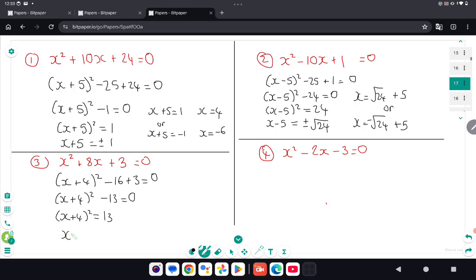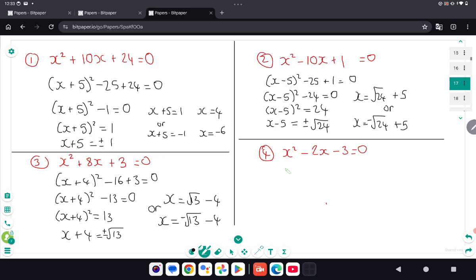Square root both sides. Positive or negative root 13. And now let us take 4 off both sides. So we've got positive root 13 take away 4 or negative root 13 take away 4. Those are our two solutions.